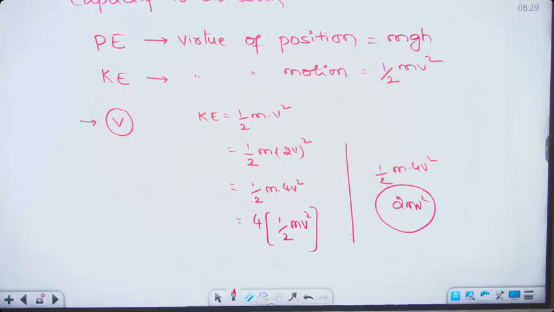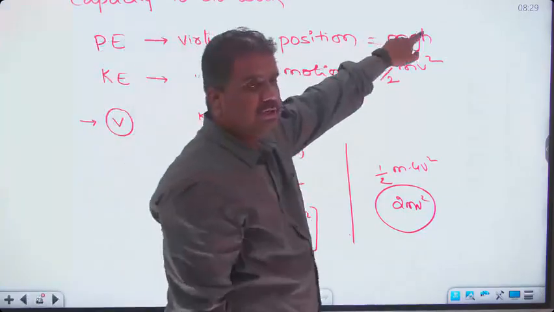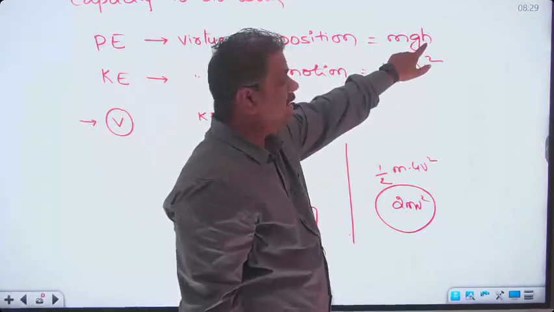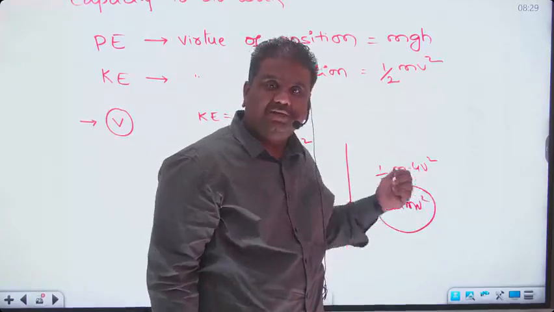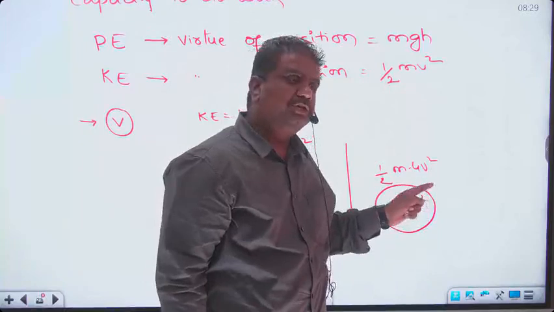Object height increase chestunna. The moment you are increasing the height of the object, what happens to potential energy? So potential energy formula enti mgh. So height increase avutundi ante obviously potential energy will also increase. If height decreases, potential energy decreases.